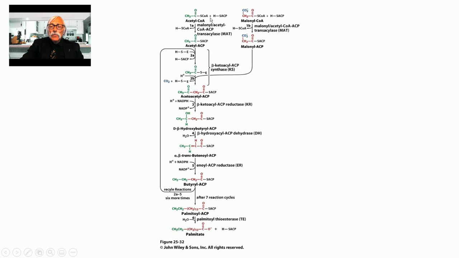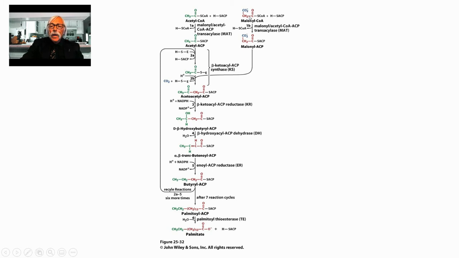It's also known as the malonyl-CoA ACP transacylase because the same reaction you see here will take a malonyl group. So it could take a malonyl group or it could take an acetyl group. When you first start out, though, with acetate, even before you make malonyl-CoA, you can actually start the fatty acid reaction by making the acetyl ACP.